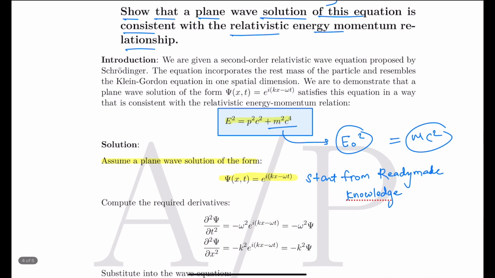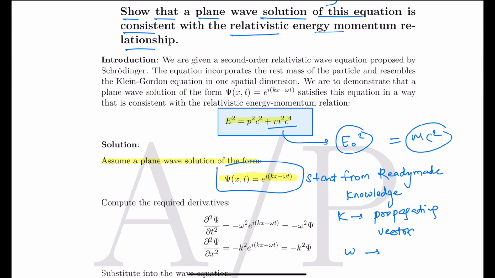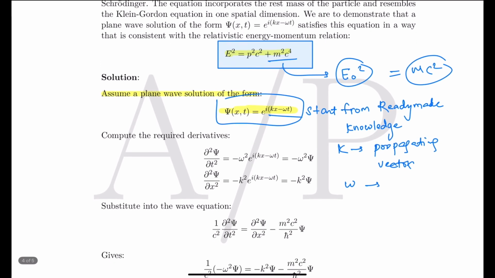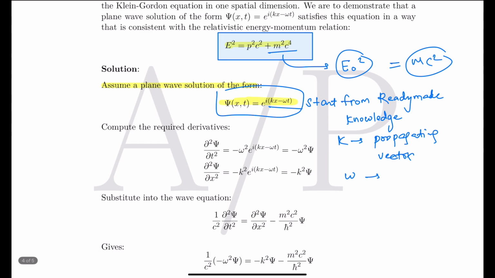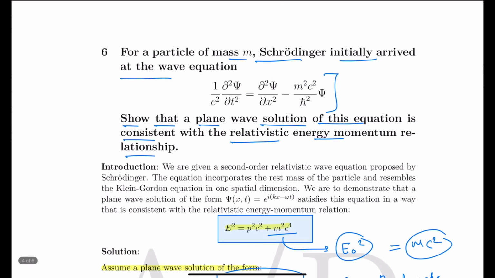For the solution, we are going to assume a plane wave of this form, exponential of minus i times (kx minus omega t), where k is the propagation vector and omega is the angular frequency, and this whole thing is the phase. We know that this is the equation.